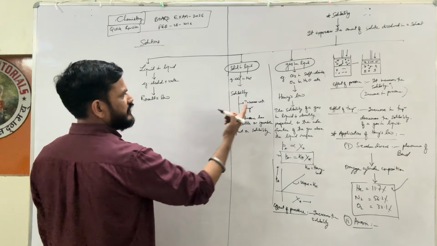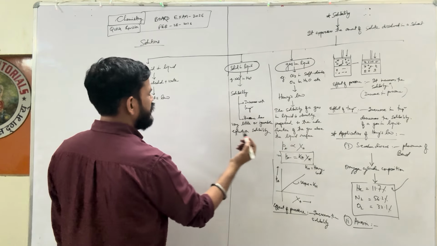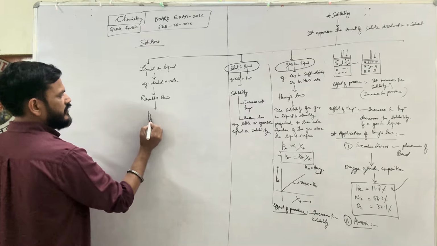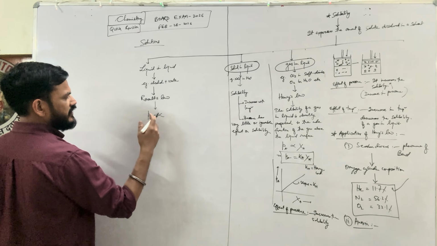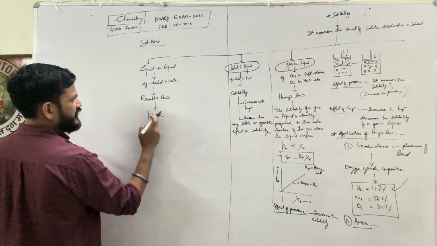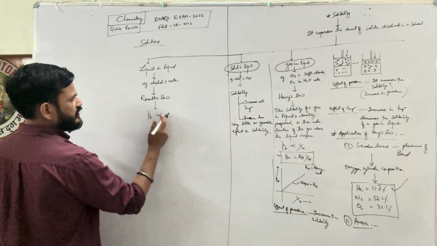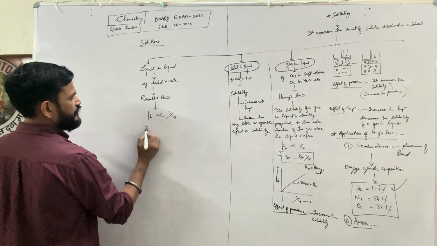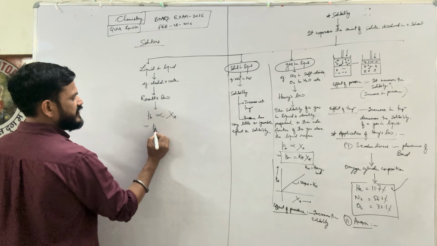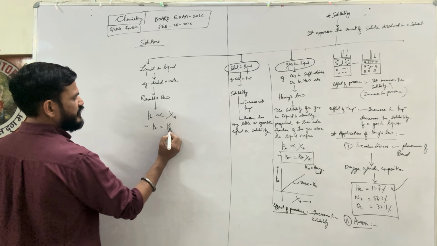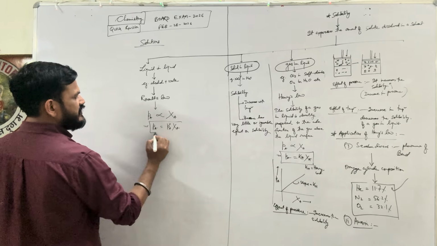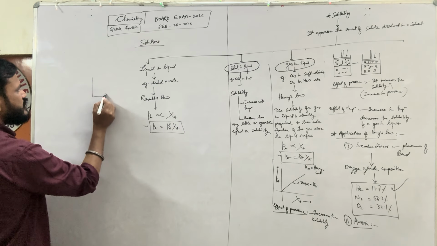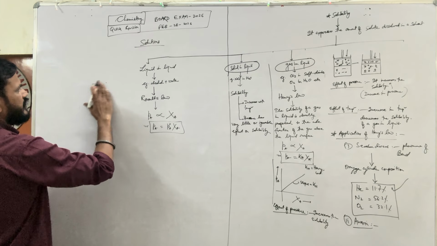Just like in Henry's law, we have a similar relationship. Partial pressure of a volatile solvent or solute over the solution will be directly proportional to its mole fraction. Now here the proportionality constant is different. It is the pure vapor pressure. So let us try to understand what pure vapor pressure is.